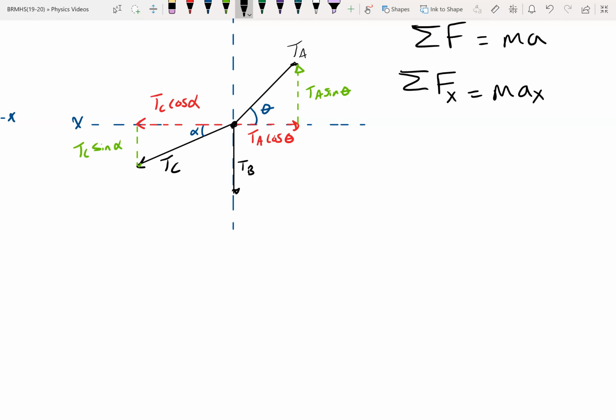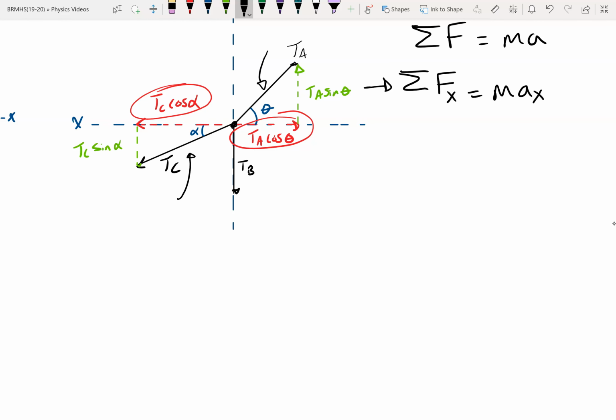But let's just go through the process of adding the forces together. So I look in the x direction first. On the left side of my equation, I need to look at all the forces that are parallel to the x-axis. It's TA cosine theta and TC cosine alpha. Those are the only things that are parallel to the x-axis. Once I've taken my black hypotenuse, the full force value, and broken that up into its pieces, then I'm only looking at the pieces anymore.